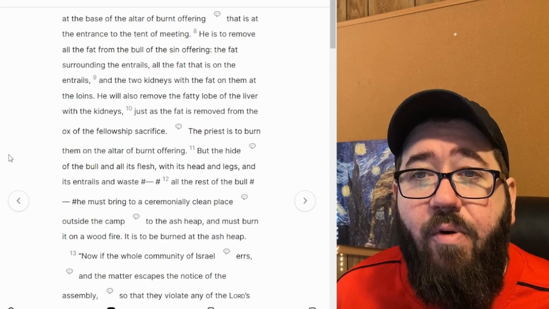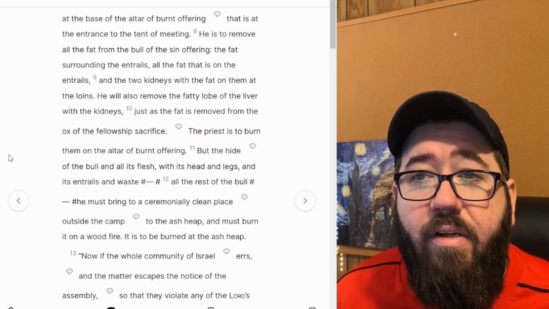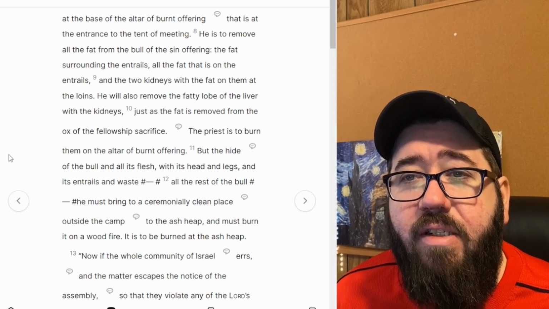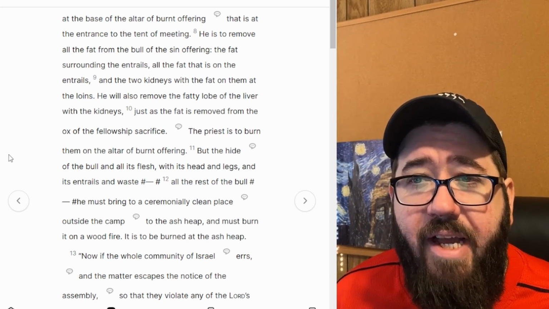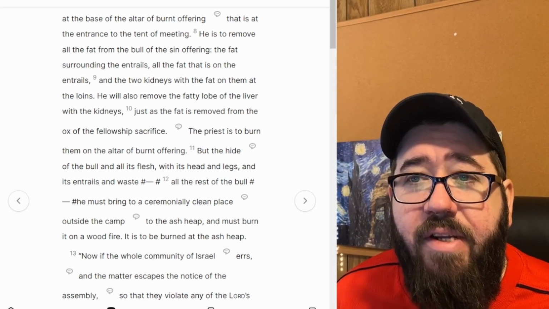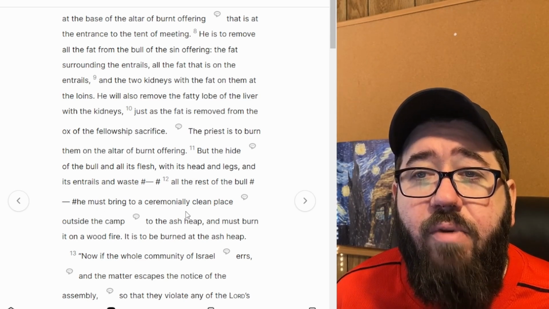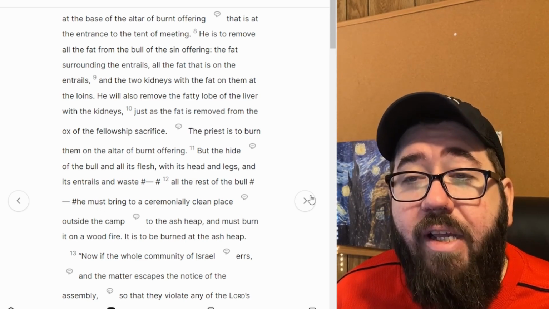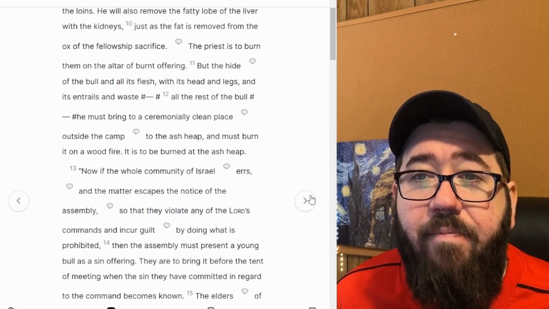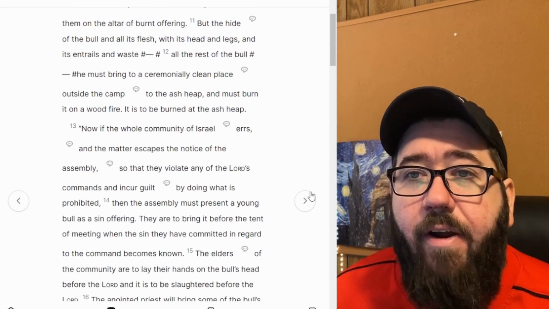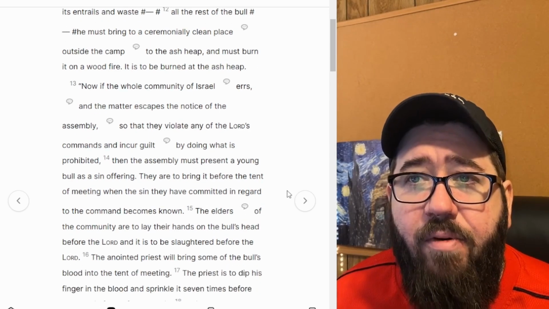The priest is to burn them on the altar of burnt offering, but the hide of the bull and all its flesh, with its head and legs and its entrails and waist, all of the rest of the bull, he must bring to a ceremonially clean place outside the camp, the ash heap, and must burn it on the wood fire. It is to be burned at the ash heap.